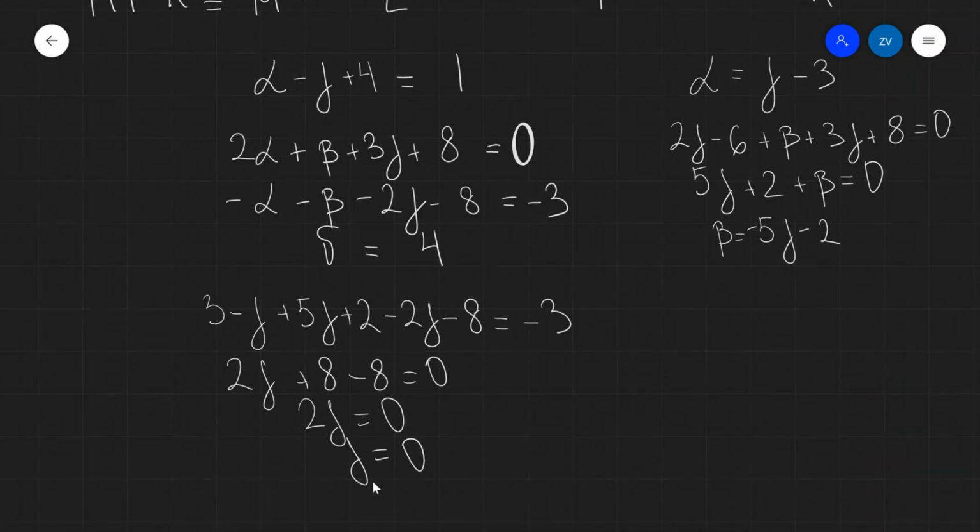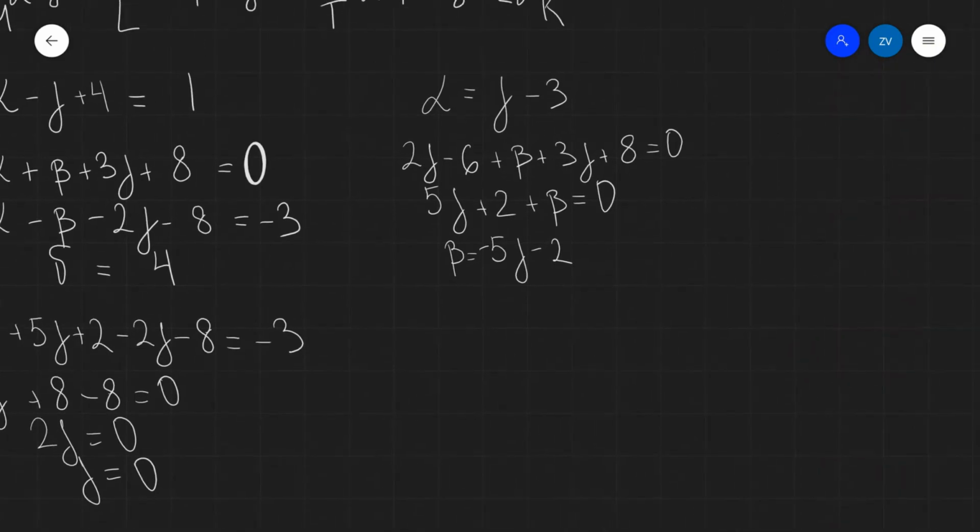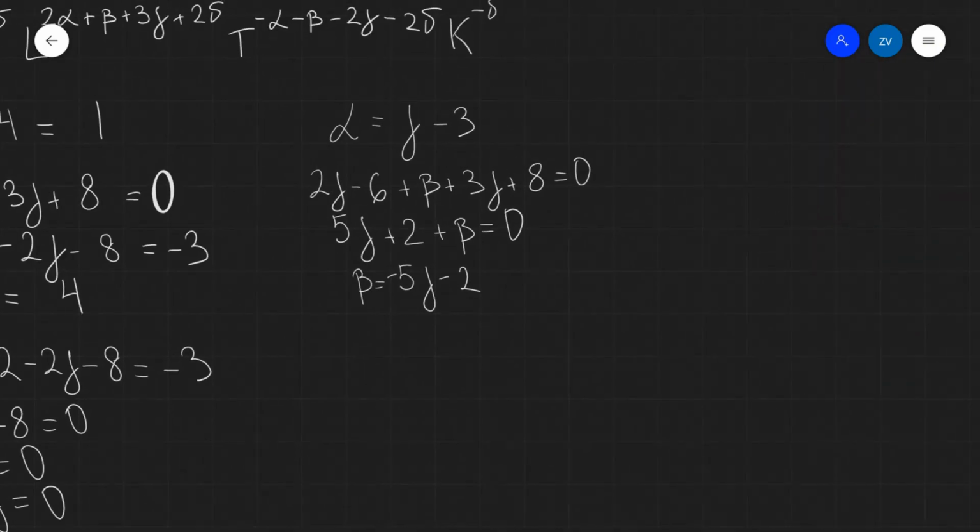Now that we know that gamma is equal to 0, we could easily find the other factors, and I'm just going to write them out with a different color over here on the side. So if gamma is equal to 0, alpha will be 0 minus 3, so this means that alpha will be minus 3.